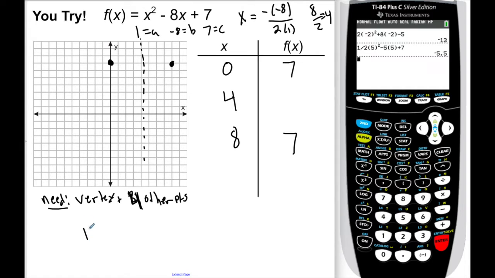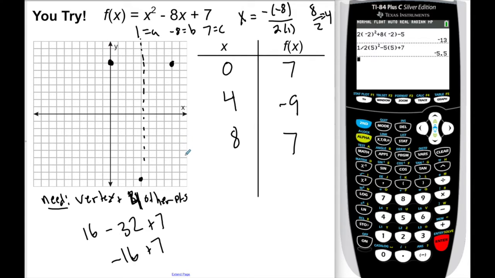So 4 squared is 16. Okay? 8 times 4 is 32. So again, notice 16 minus 32 is negative 16, plus 7, negative 9. 4, negative 9.